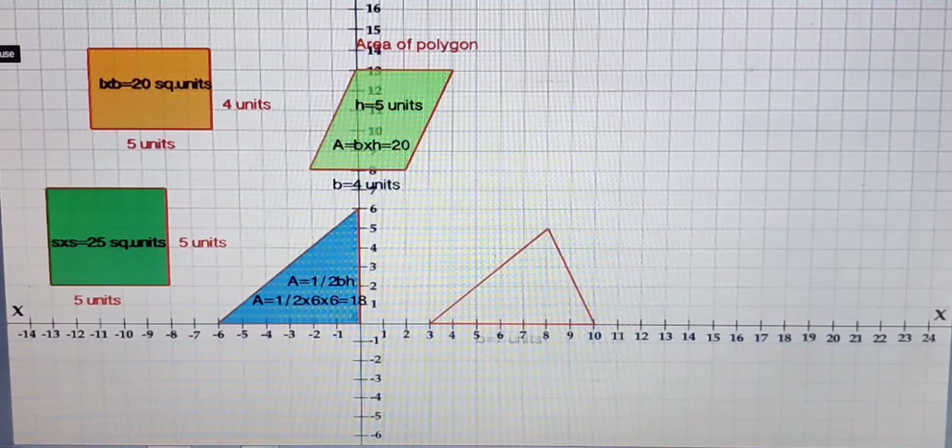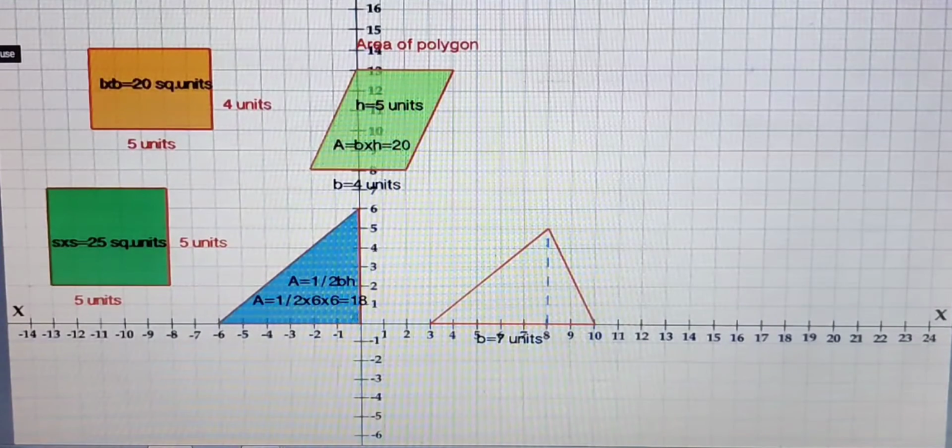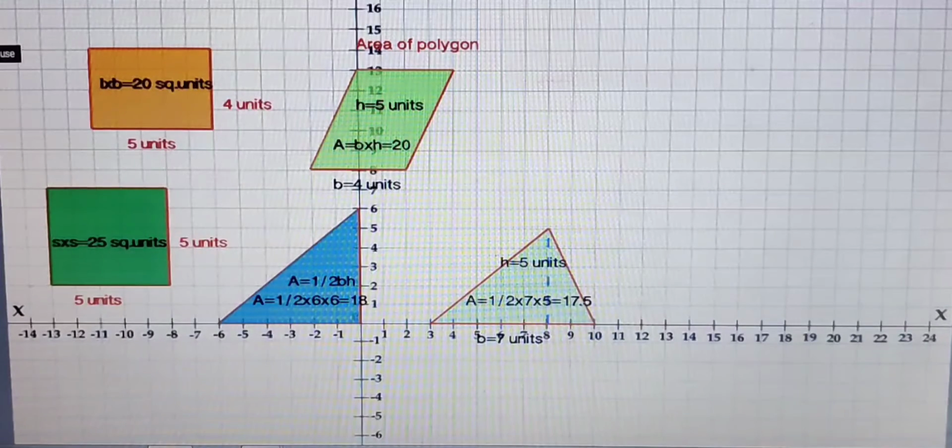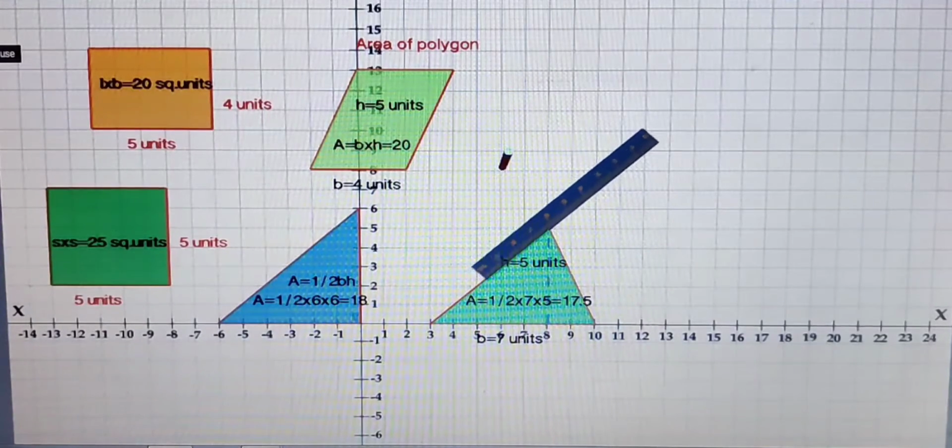Now count the units in the base from 3 to 10. The base units are 7. The coordinates of the base are 3, 0 and 10, 0. The base is 7 units and height is 5 units. Dashed line shows the height. The area of a triangle is 1 by 2 base into height. 1 by 2, 7 into 5, it means 35 by 2, 17.5 square units.